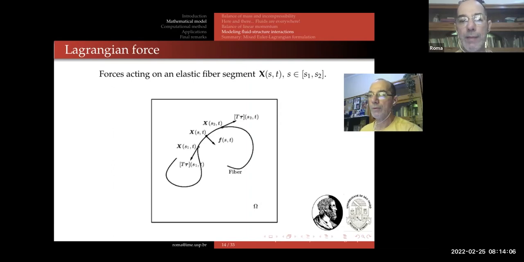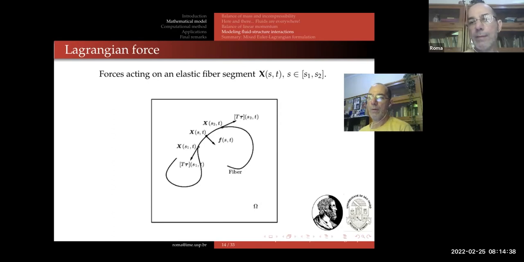You assume that you can parameterize the curve with this parameter S. So S is within some interval, the Lagrangian set of parameters, and for each S you have one specific point on the elastic fiber, on this curve. T is the time again.